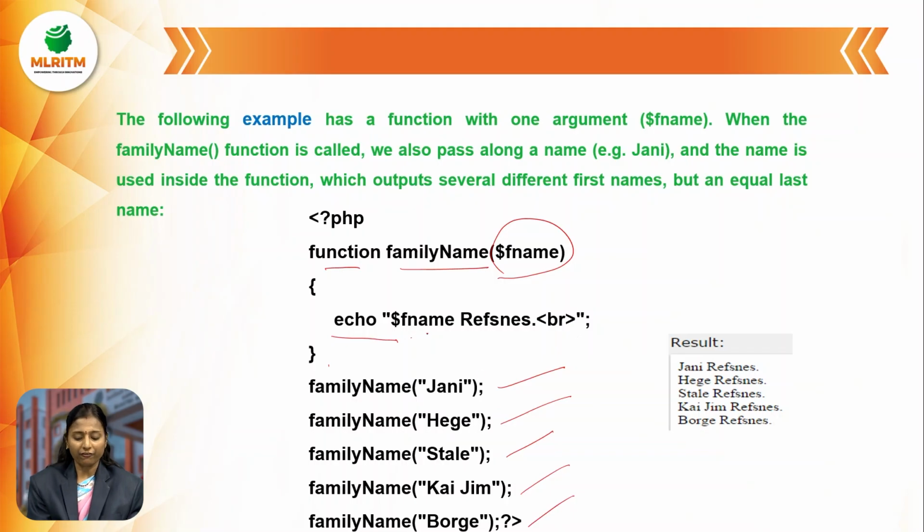Here, the fname will be written, and fname will be obtained in this format: Jani, Hege, Stale, Kai Jim, and Borge. These are the outputs we get for this argument. Okay, when the function familyName is called, here the fname will be taken as Jani. Okay, this is an example of function arguments.